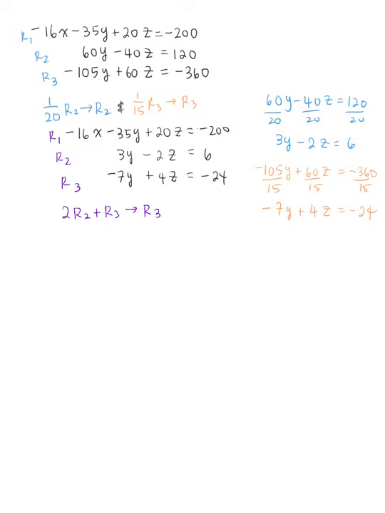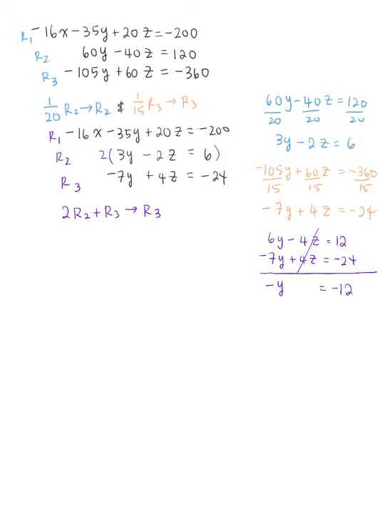Okay, so let's do it. So first I need to multiply this guy by 2. So then what are we going to get? 6y minus 4z equals 12. And the third row is negative 7y plus 4z equals negative 24. All right, now if I add this, this is going to cancel out, and then you're going to have negative y equals negative 12.